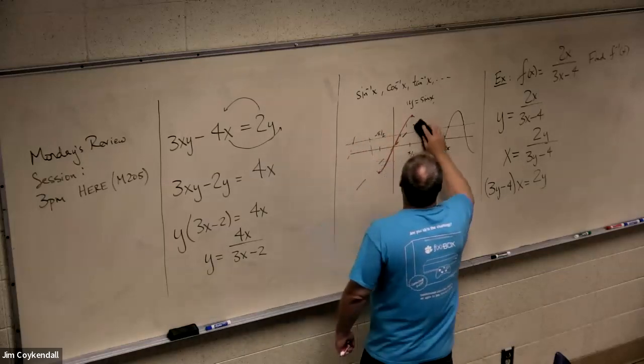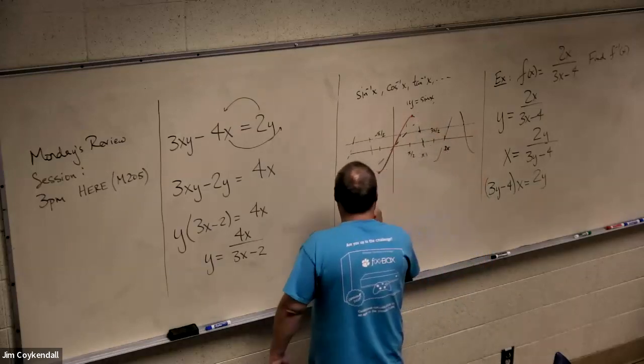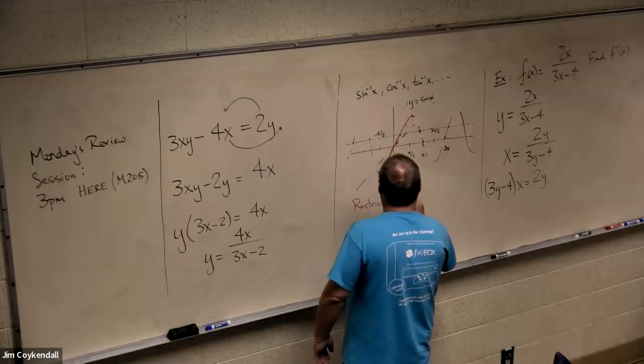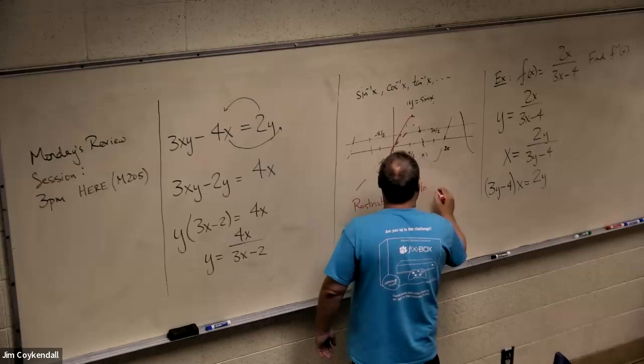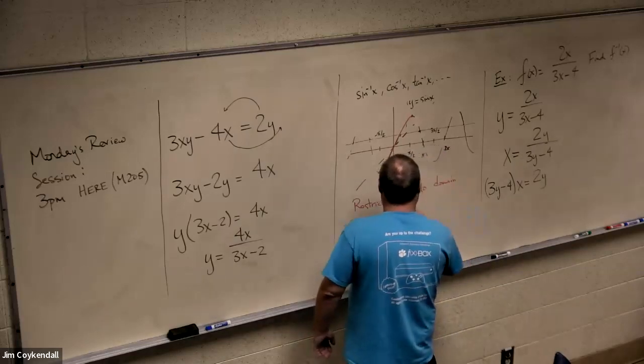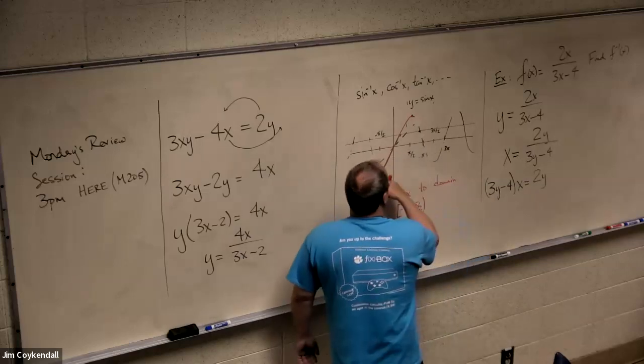So the way they do inverse trig functions is you restrict sine x to the domain from minus π/2 to π/2.